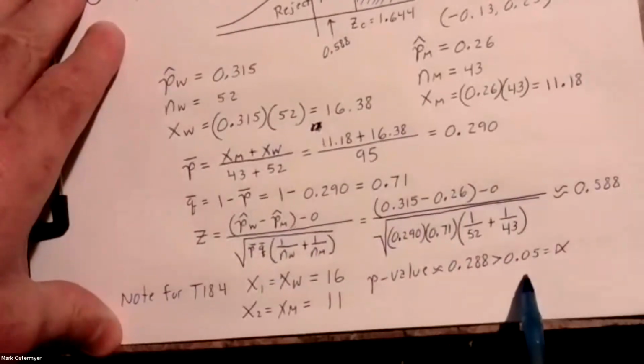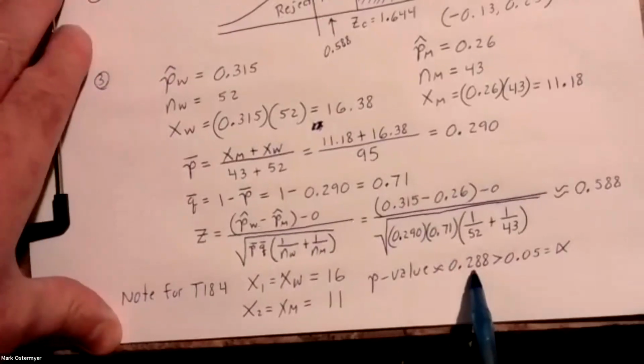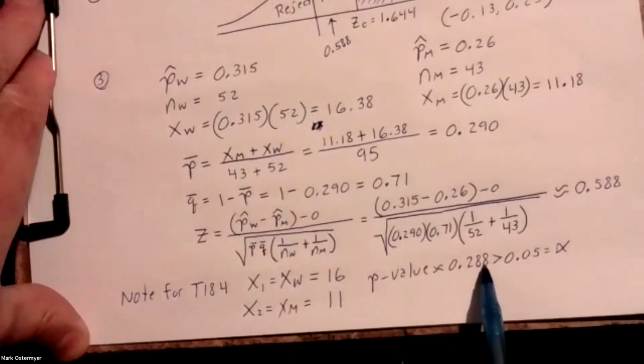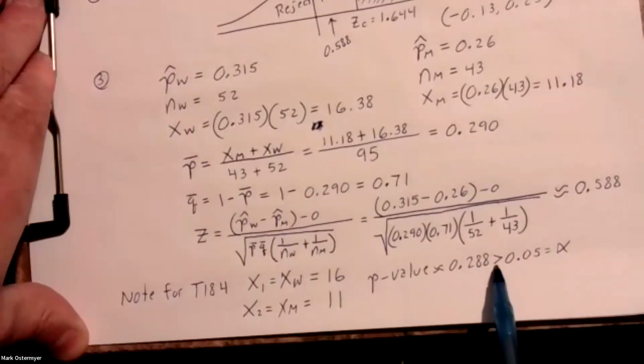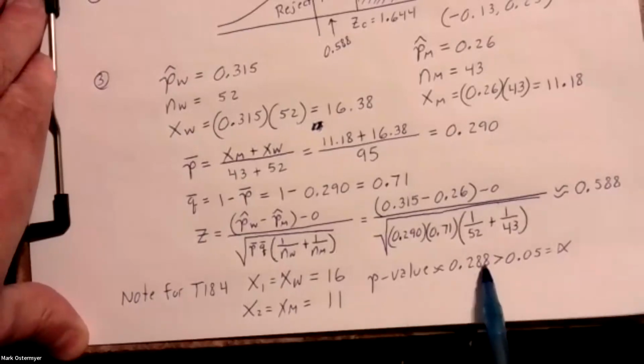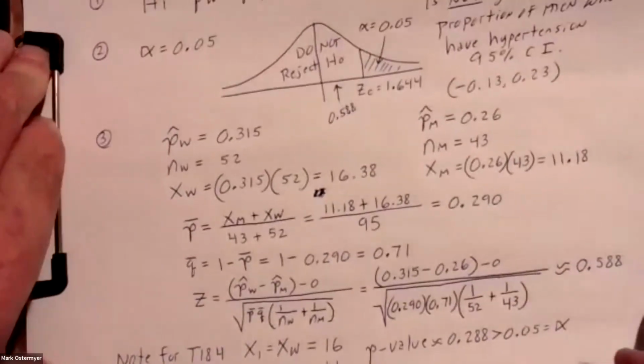The p-value came out to be a rather large p-value, 0.288, about 29%. And there's no way you can reject the null hypothesis with this level of risk. So that corroborates with everything else we've done here.